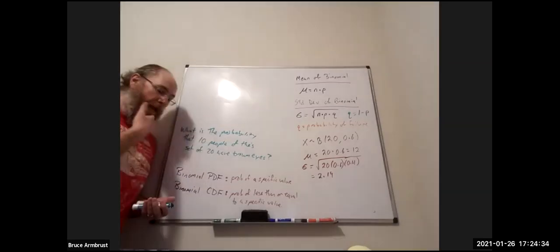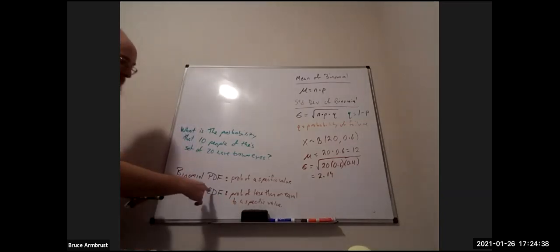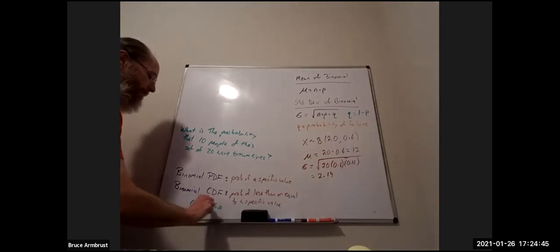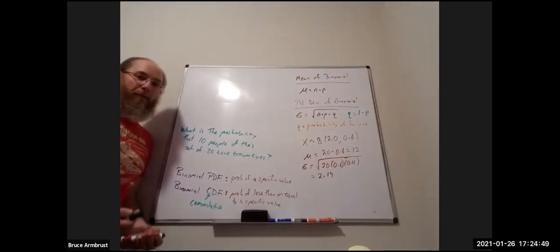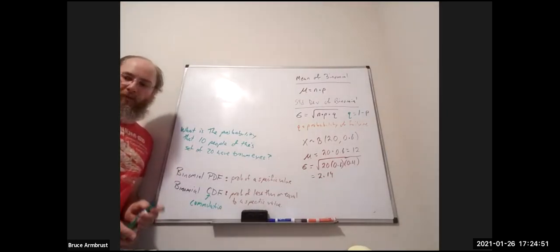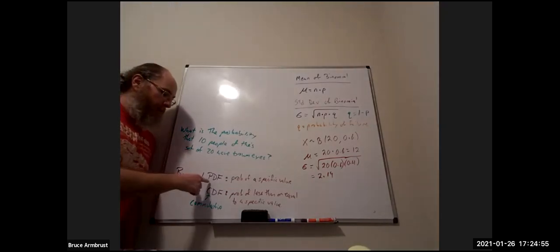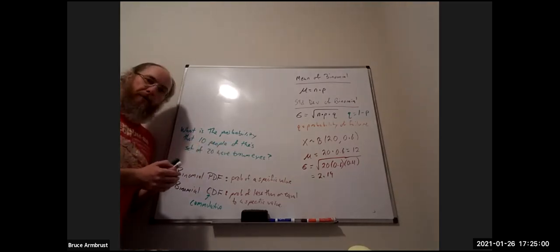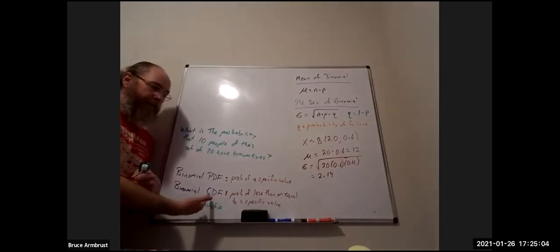Okay, so we're adding up. And that's what this C means. This C stands for cumulative, or added up. All right, so if you want to know a specific value, use PDF. If you want to know a range of values from 0 on up, that's CDF.